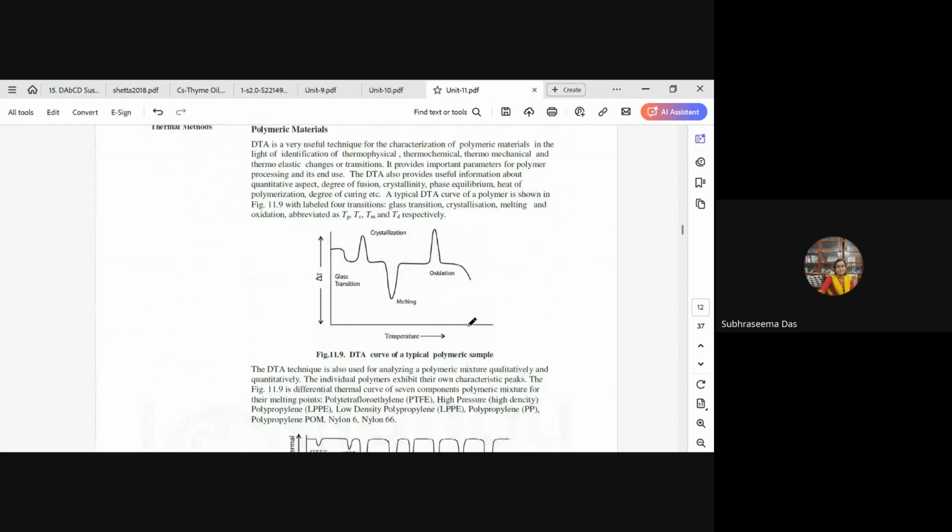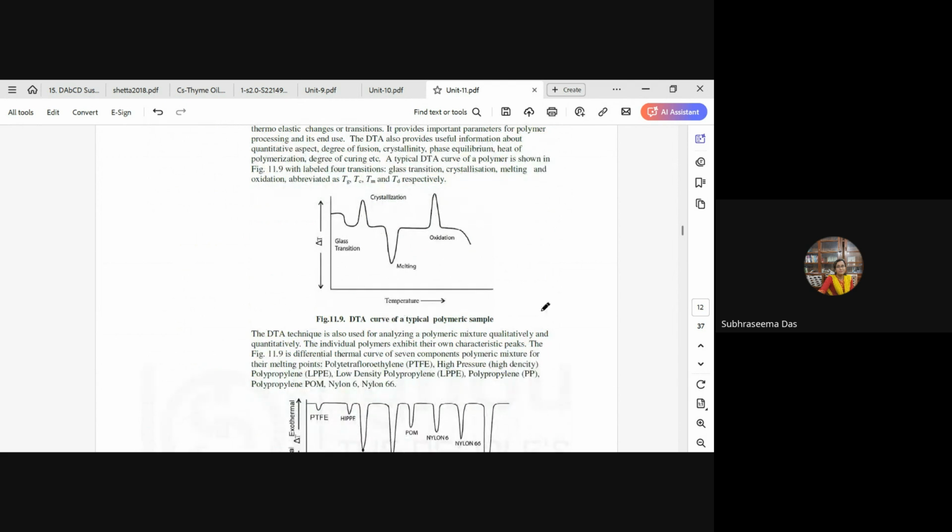Then for polymeric materials, DTA has been very useful for polymers rather than any other class. It has been used to identify the crystallinity, the Tg, the Tm, the phase equilibrium, even the degree of crystallization for polymeric materials. Here, if you see the DTA of a polymeric sample, this is the Tg, this is the Tc, that is the crystallization, this is the Tm, and T oxidation represents the Td.